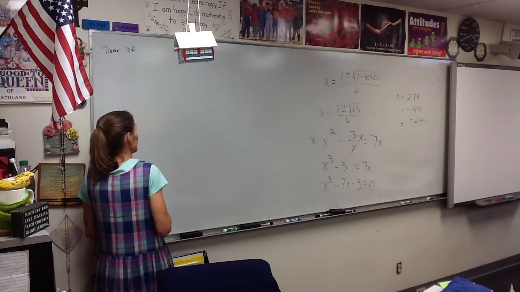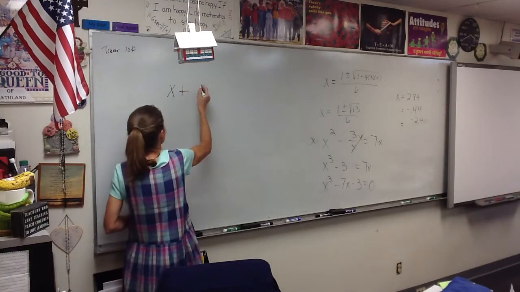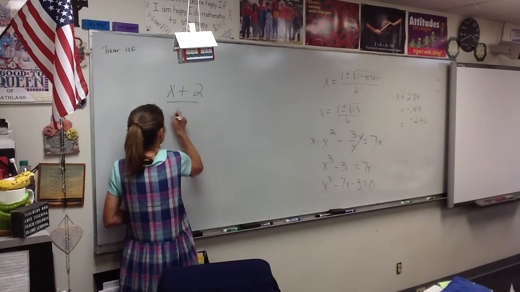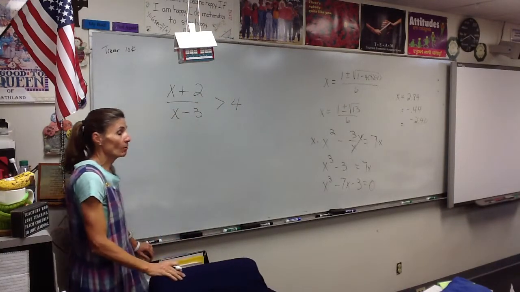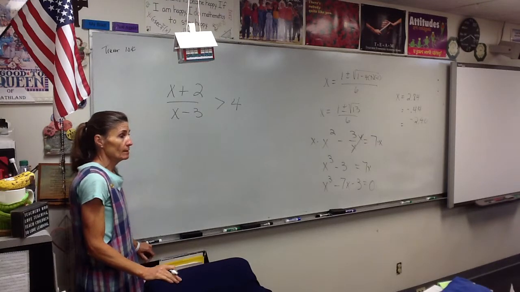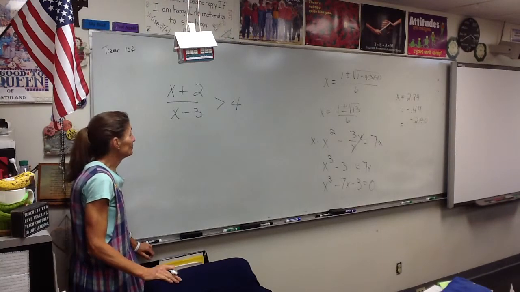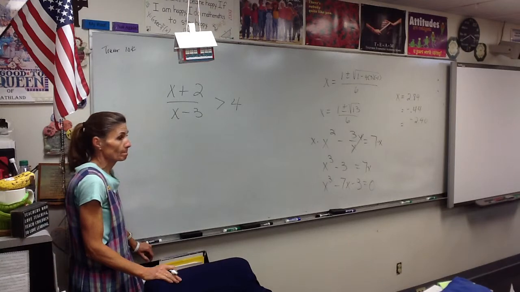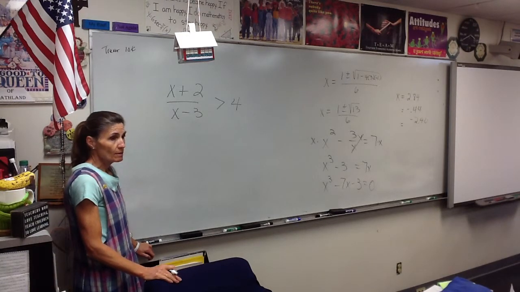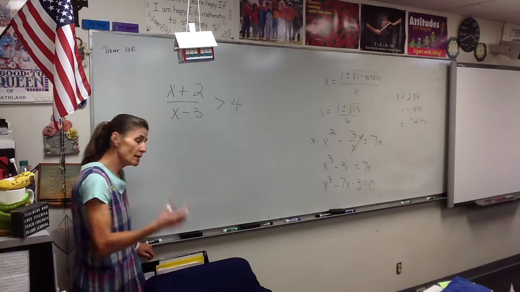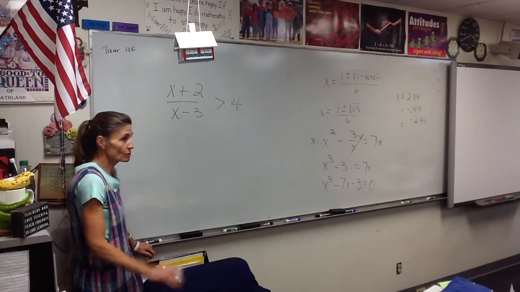What I want you to think about now, though, is an equation like this. Or an inequality, I should say. Now, here is what you will be tempted to do. Well, you tell me. What are you going to do to solve this thing?